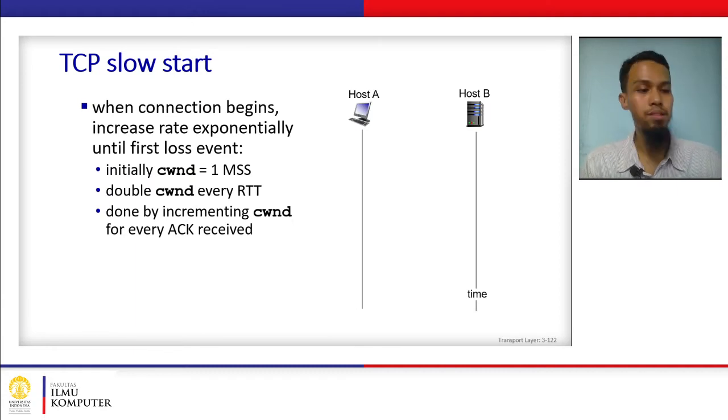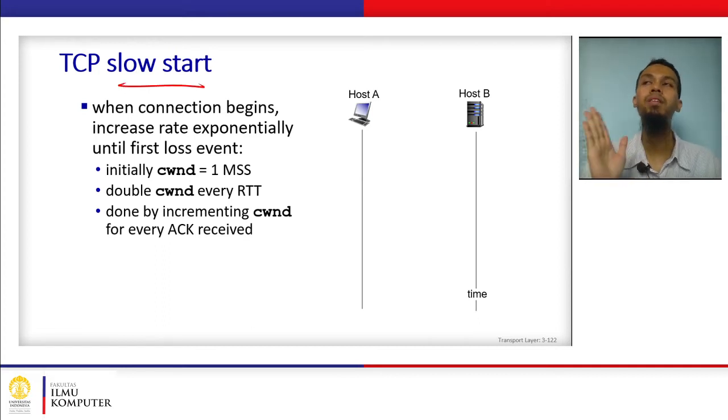Okay, now let's talk about TCP slow start. Normally this is used at the beginning of TCP connections, and in some TCP implementations, it can also be used when congestion is detected. But by default, when the connection begins, the sender will start by sending one segment, and then increase exponentially.